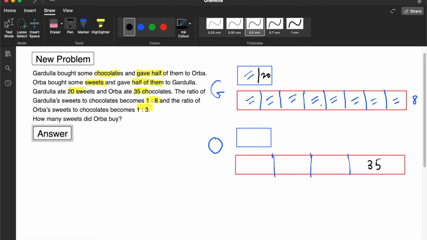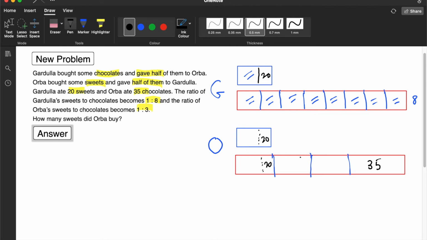Right? So now this is the trick. As I mentioned earlier, at the start, both of them actually have the same number of sweets as well as chocolate. So even though Orba did not eat any sweets, these two are exactly the same. So the trick is to draw this part, the 20, inside here, and repeat that for this model too.